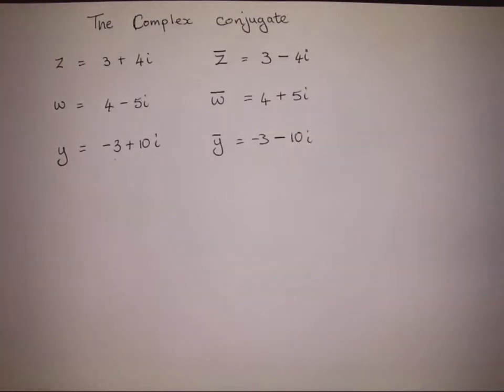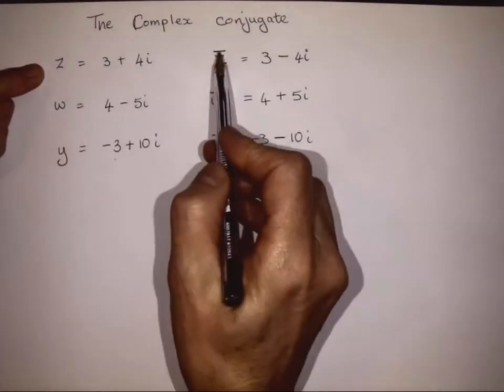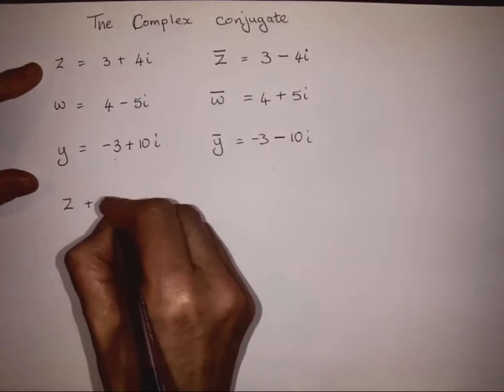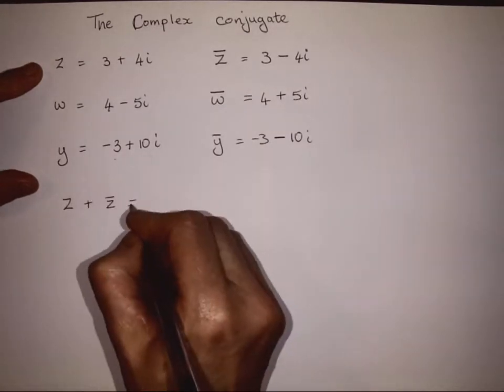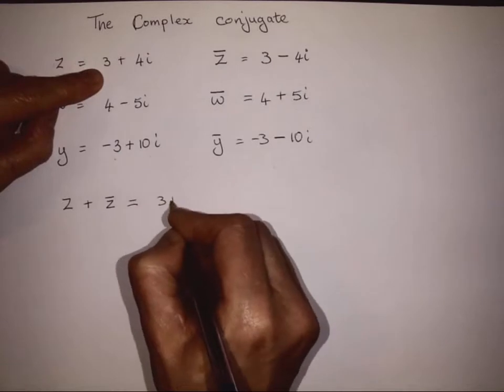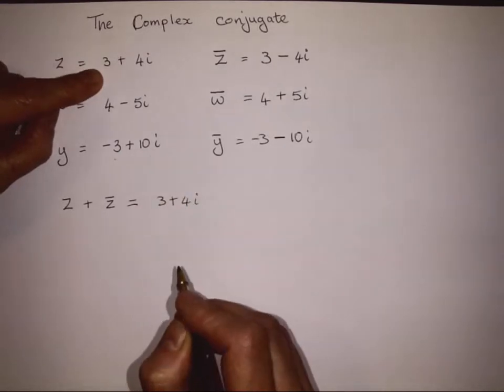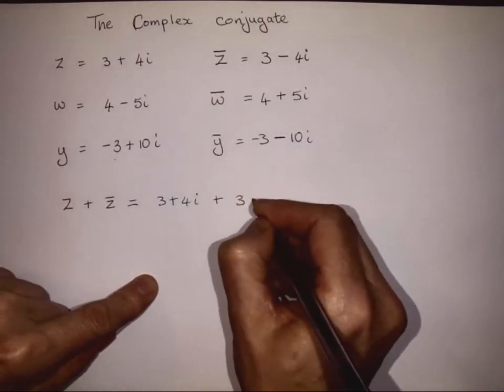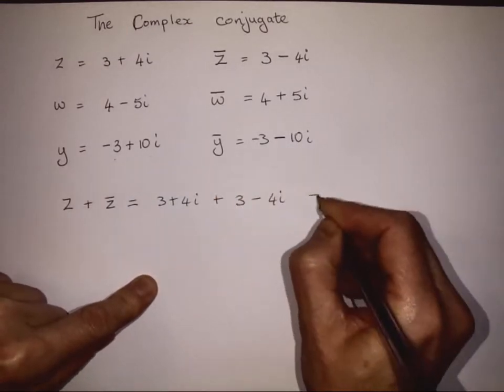Now what's the advantage of this? Well, if we were to add the complex number and its complex conjugate, we would have a purely real number. So for example, if I was to add z plus its complex conjugate, z plus z bar, the first one is 3 plus 4i, and now I'm going to add z bar to it, plus 3 minus 4i.